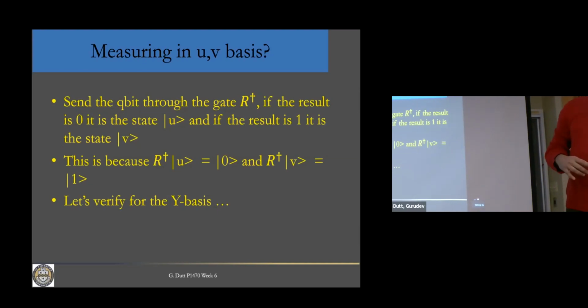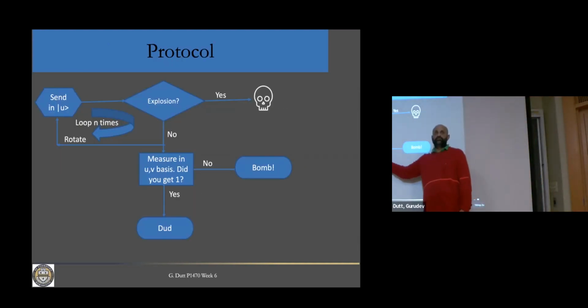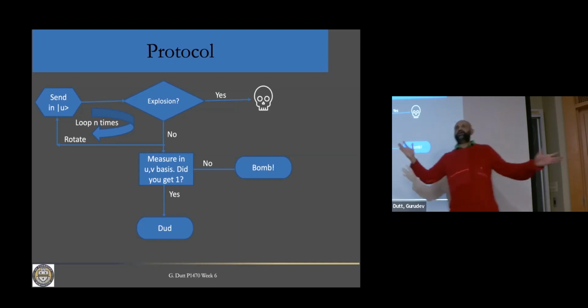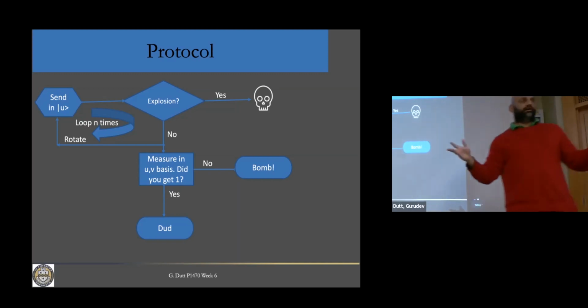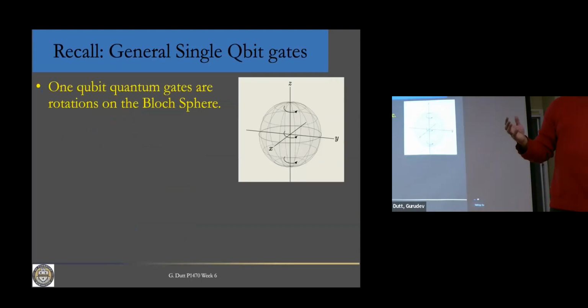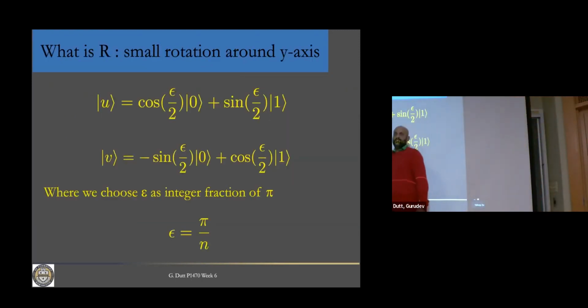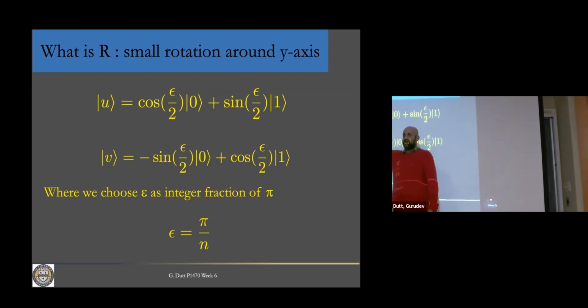First of all, you may be wondering, how do I measure in any other basis, U and V? I know how to measure along 0, 1. I never told you how to measure along plus minus, but I said we can. And also along plus i, minus i. In ket algebra, we can take the bra U and take the inner product of the bra U with the state psi.